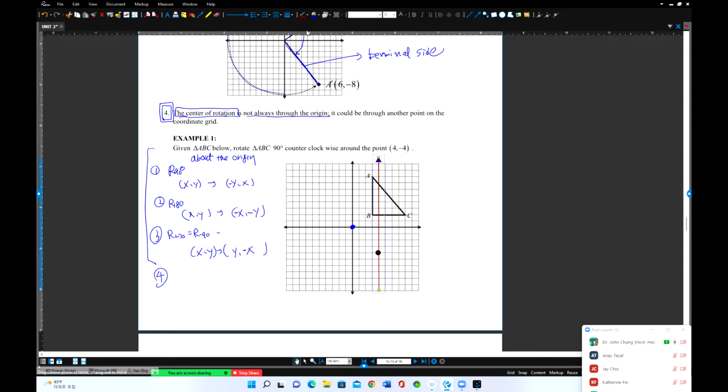Yeah, this is now the new y-axis. New y-axis. New x-axis, this one. Yeah, new x-axis. This is the center. You can use this as the center, right?